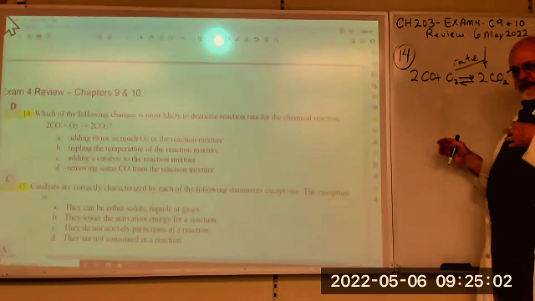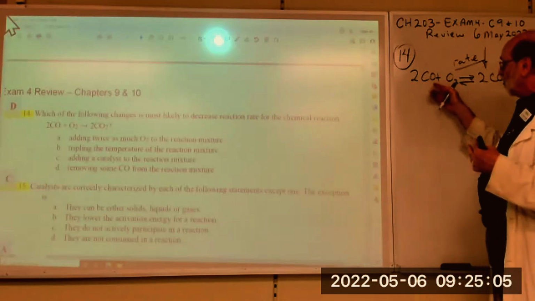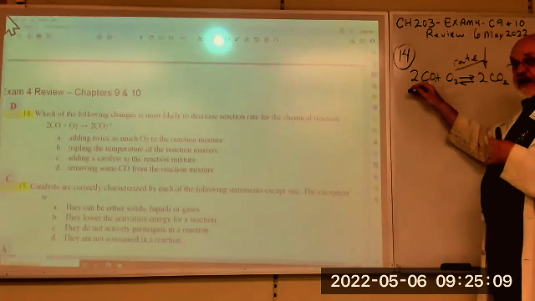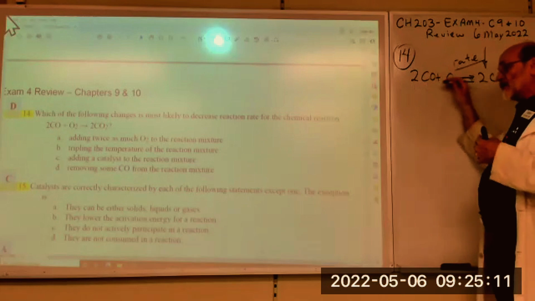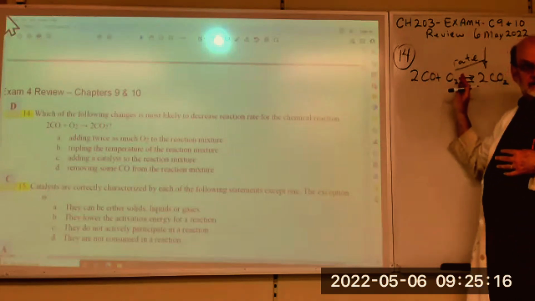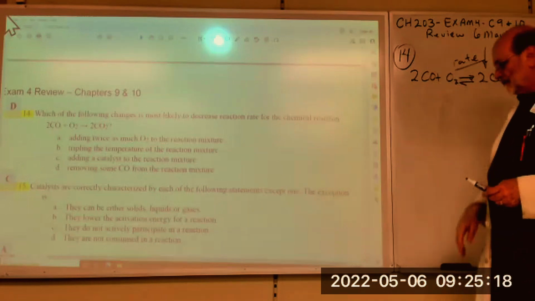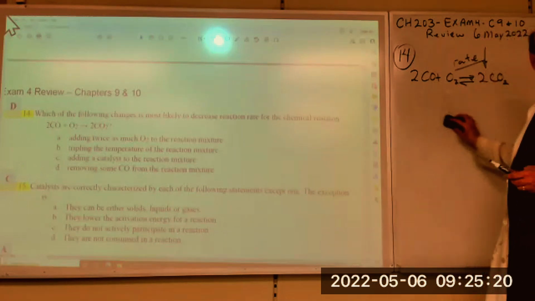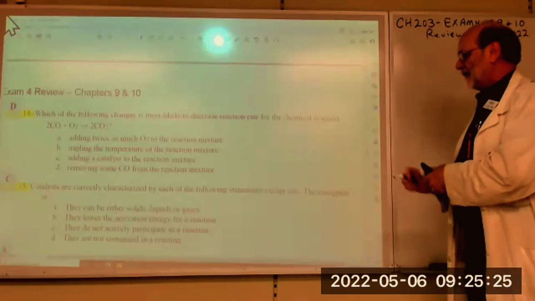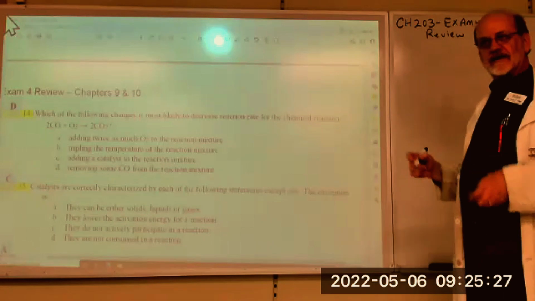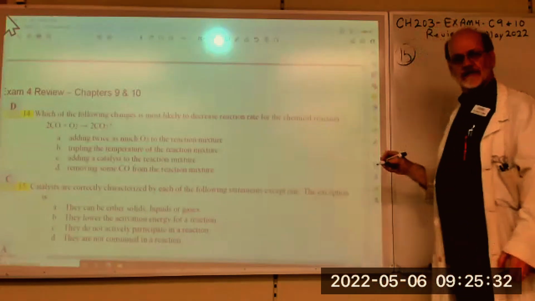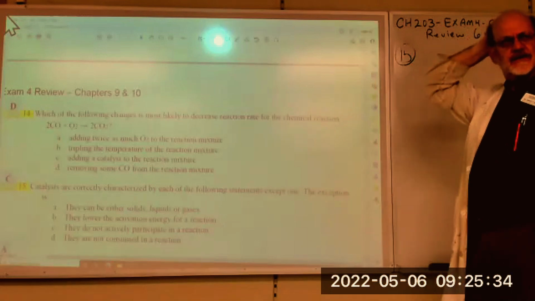So by one way of thinking, if it's not at equilibrium and it's trying to go this way, removing some of that will decrease that forward reaction rate. That's the best explanation I can give you. Trying to read the author's mind. Or is it mine? More than one author of this textbook, I think so.